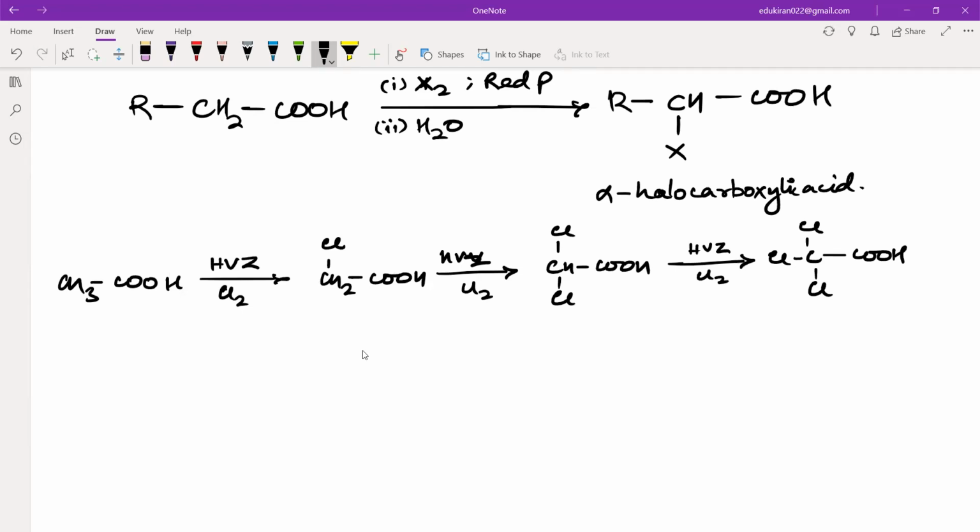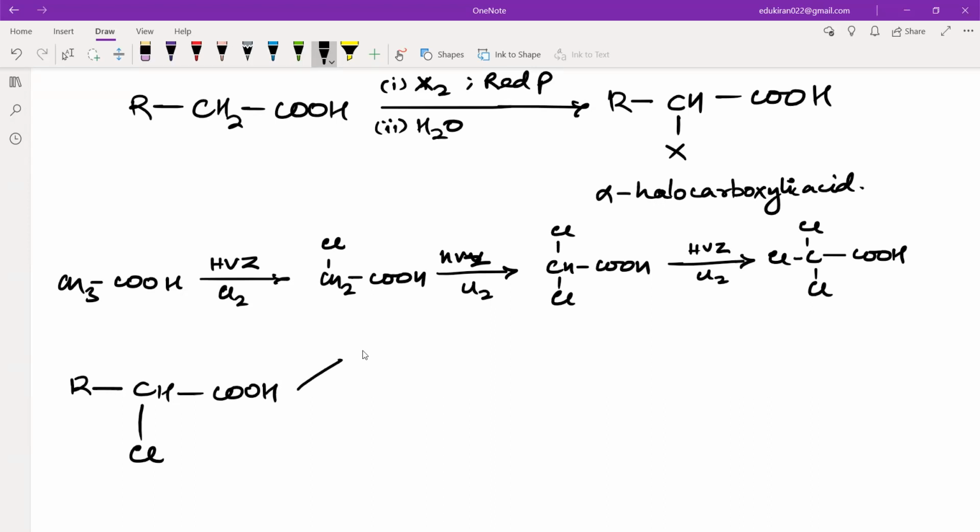Now, what is very crucial regarding this compound, the alpha halo carboxylic acid, is that this is now a haloalkane. If I look at this portion, it has a carbon-halogen bond, and this carbon-halogen bond can show reactions similar to haloalkanes.